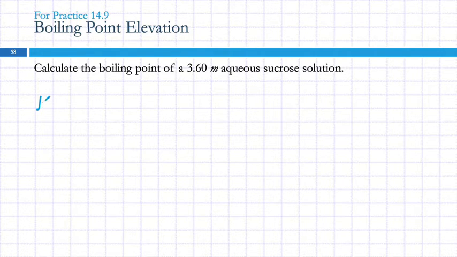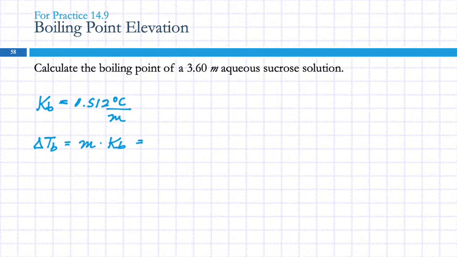So we just looked up the boiling point elevation constant, 0.512 degrees Celsius per molal. The change in the boiling point is equal to the molality times that constant. So they gave us the molality, and we multiply by the constant.